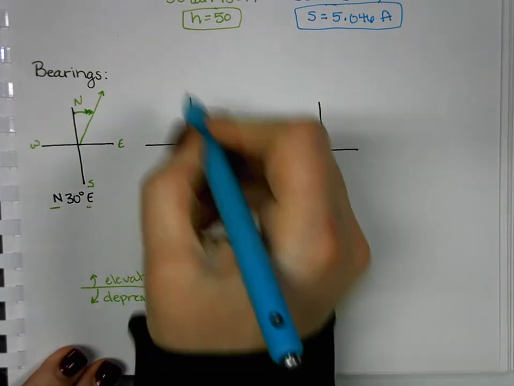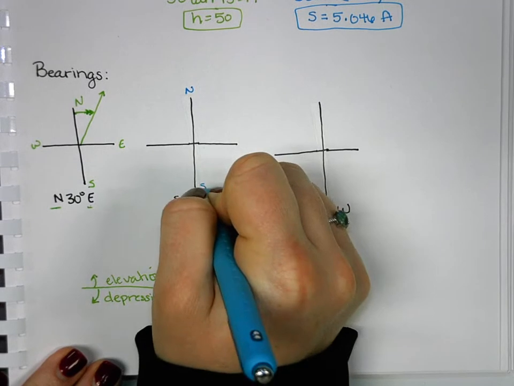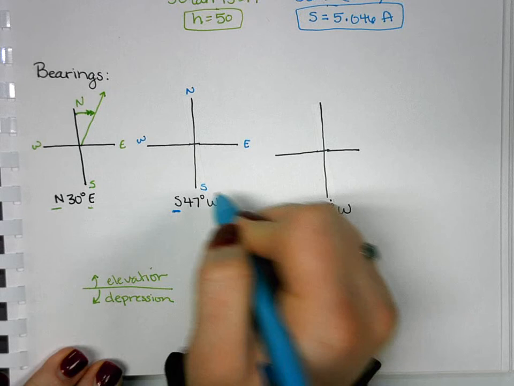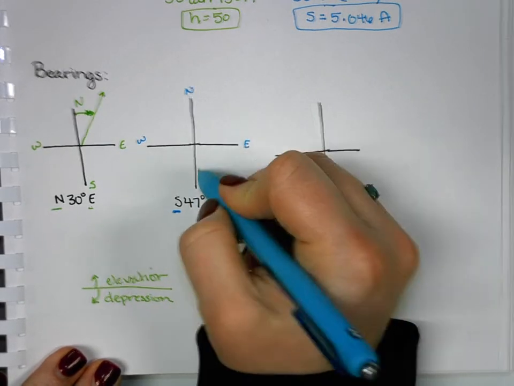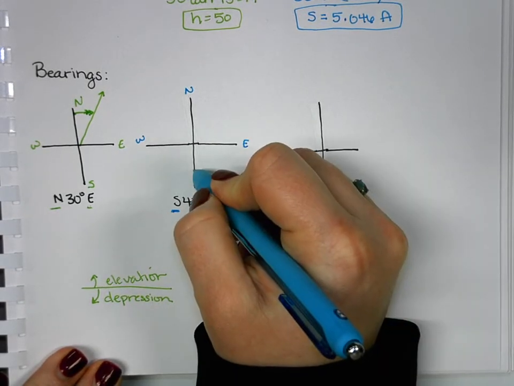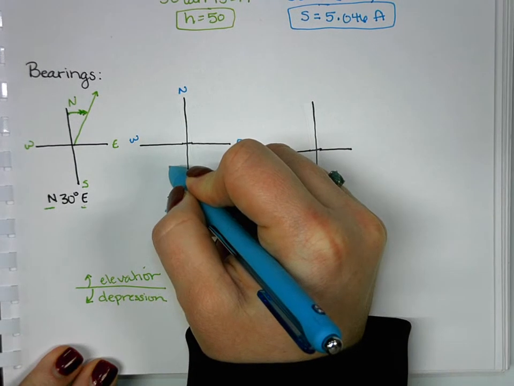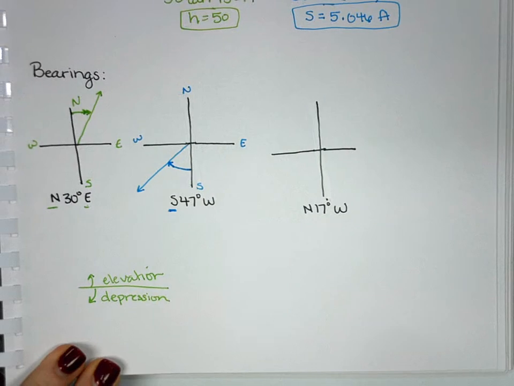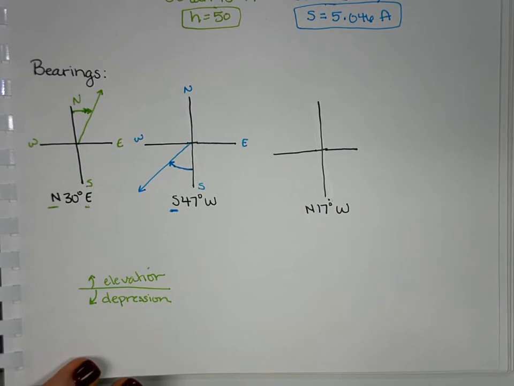So here, again, north, south, east, west. Starting from the south, so that's down here, I'm going to go 47 degrees to the west. That would be the south 47 degree west angle.